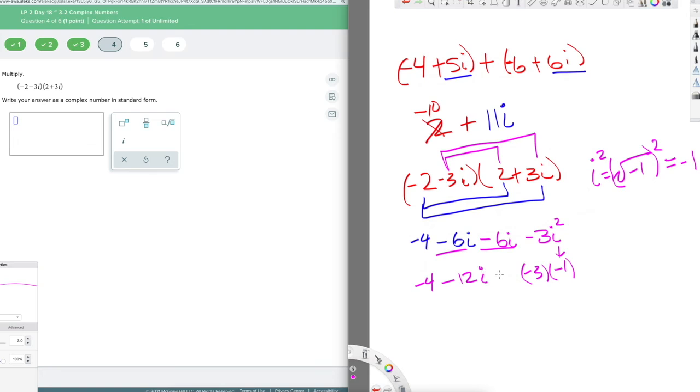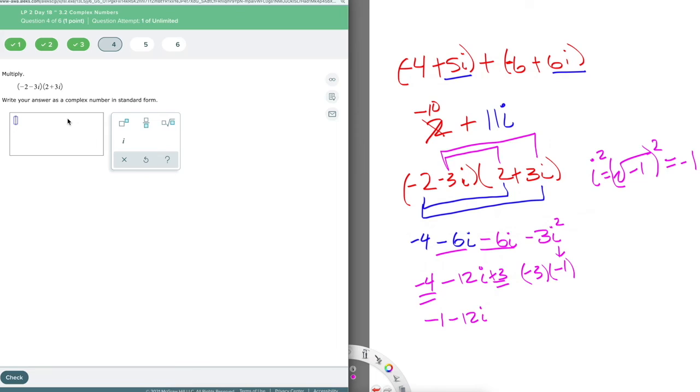And then these I need to multiply together. Negative 3 times negative 1 is positive 3. So now I have some more like terms I can add together. Negative 4 plus 3, that's negative 1 minus 12i. So now that is simplified as much as I can go there. Negative 1 minus 12.